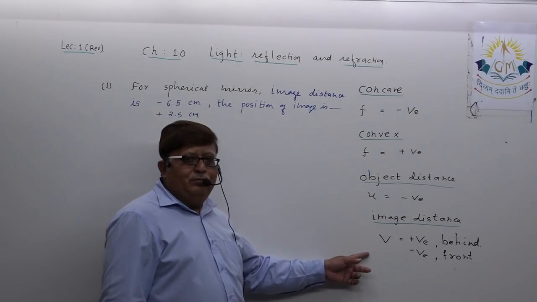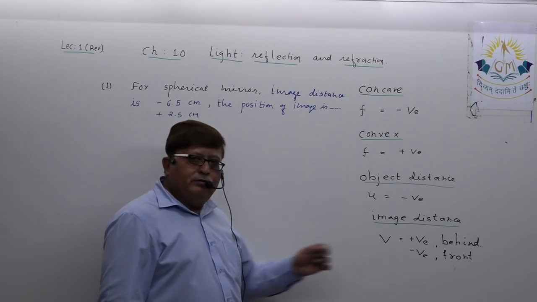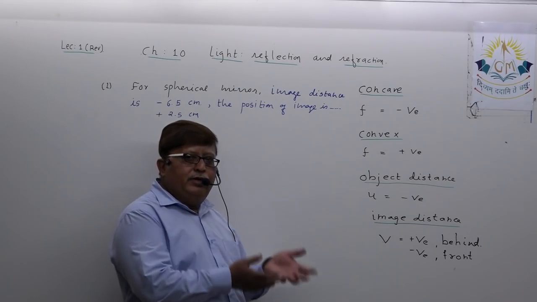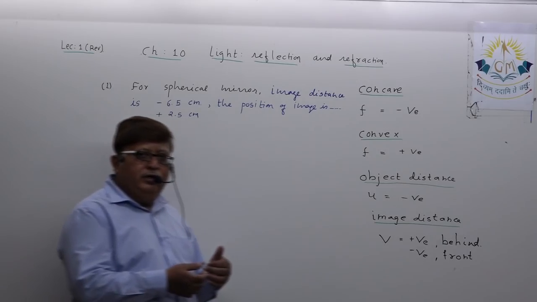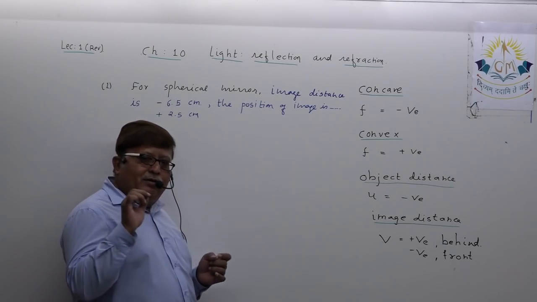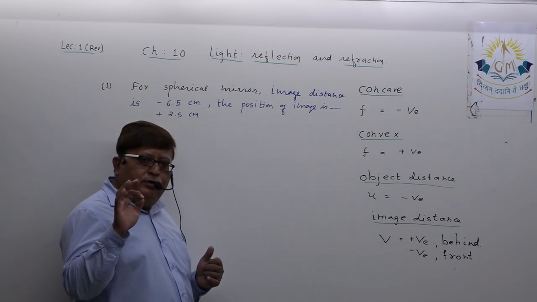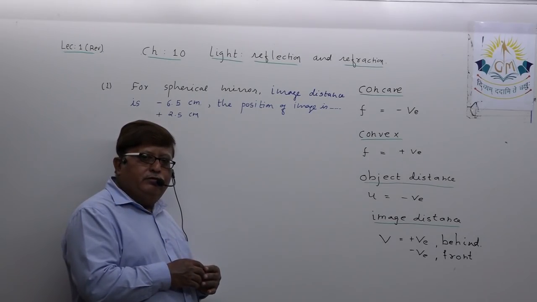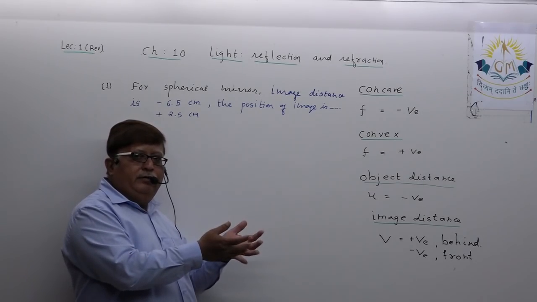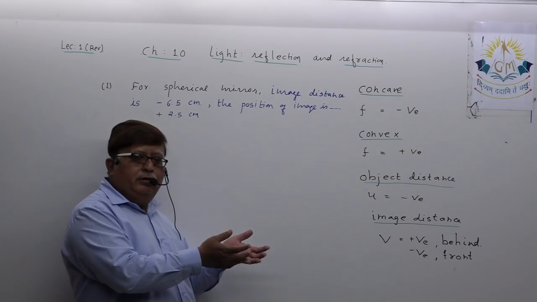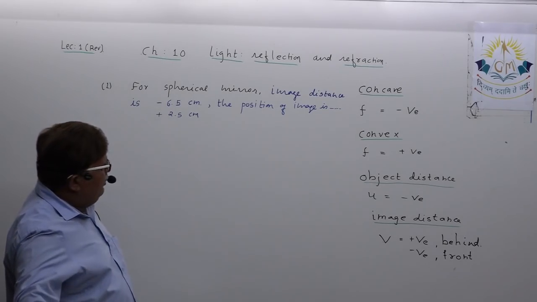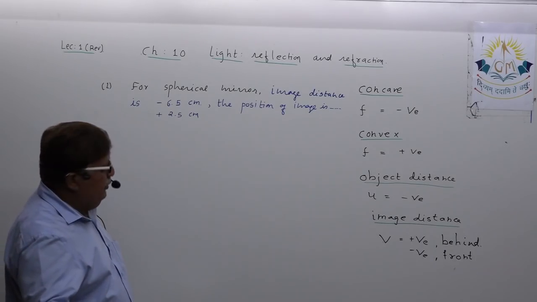At that time, if you are not conceptually strong about where the image is for V positive and where for V negative, then after finding V you will always remain confused what to write, behind the mirror or in front of the mirror. So you need to keep these basics clear.